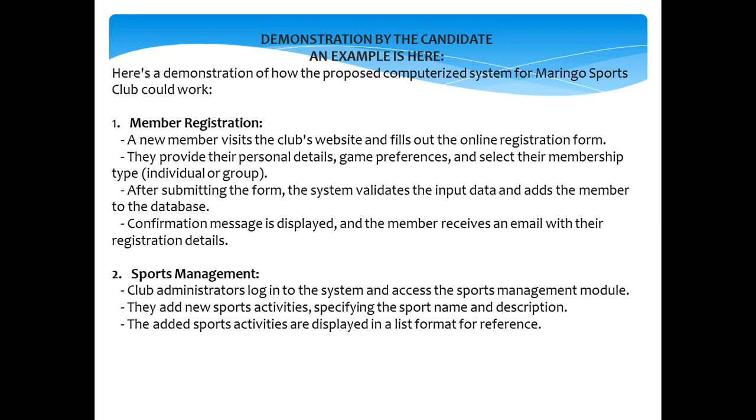Confirmation message is displayed, and the member receives an email with the registration detail. Sport management. Club administrators log into the system and access the sports management module. They add new sport activities, specifying the sport name and description. The added sport activities are displayed in a list format for reference.